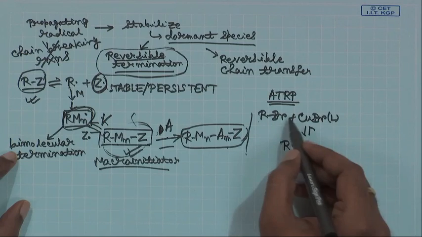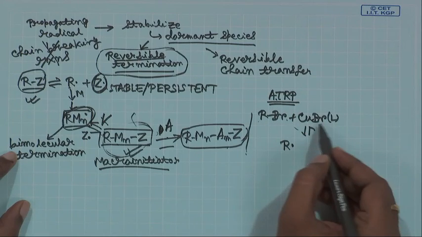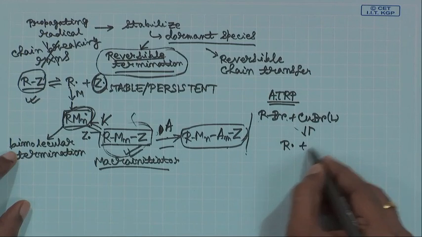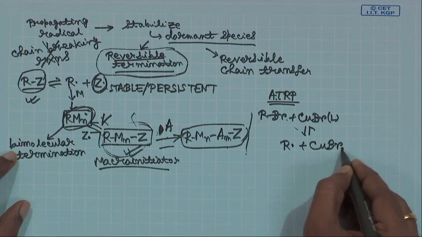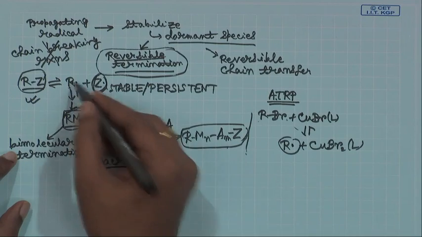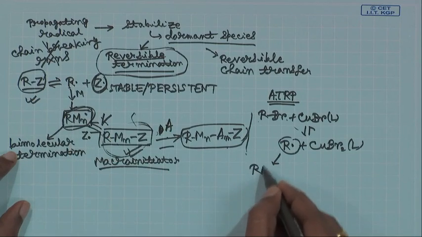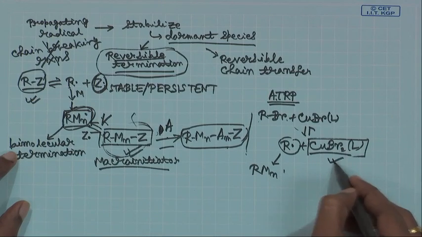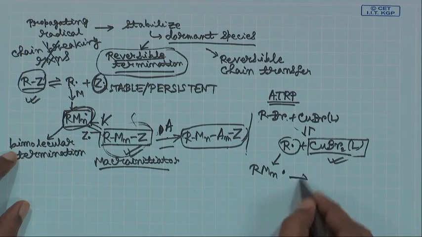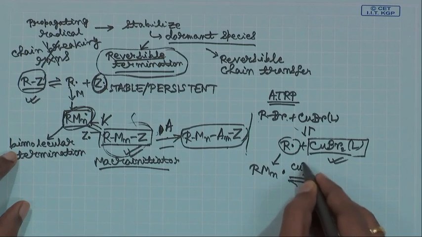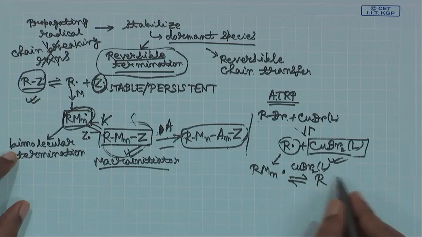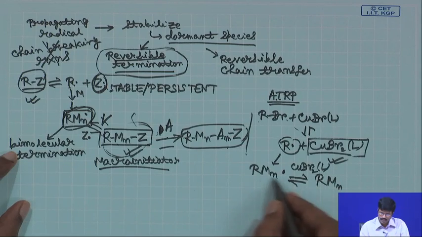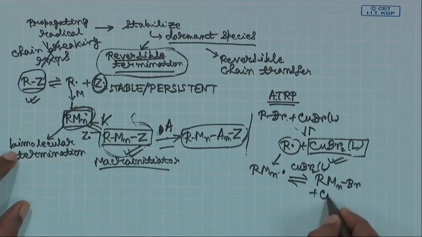So, this is atom transfer, that is the name that it derives from, and you will have CuBr2, and this R dot can create your RMn dot, and this Z dot is this. So, basically this is not a radical, but this is a persistent species. Now, this RMn dot could be reversibly terminated by the reaction with this CuBr2 ligand, and this bromine again will be transferred here, and it will form back CuBr.